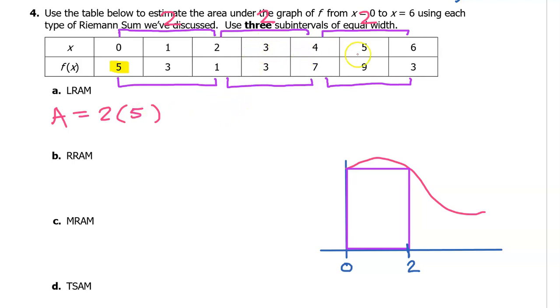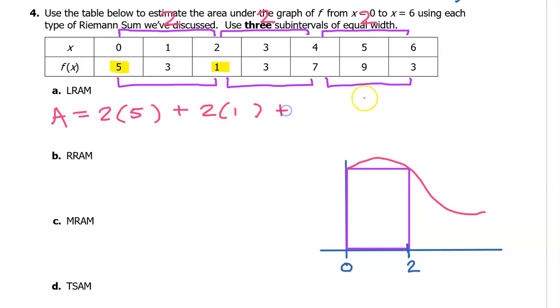So we can easily find the area of the other 2 rectangles without drawing any kind of picture. These are all rectangles, so it's all base times height. The base in every case is going to be 2 because all of the widths are 2. For the height, we just need to pick the left height because it's left rectangle. So this will be 2 times 1.